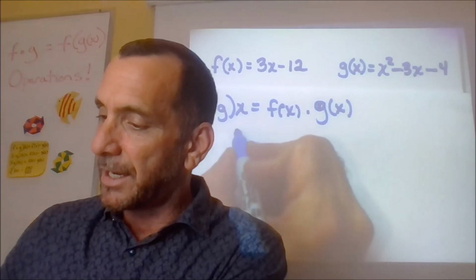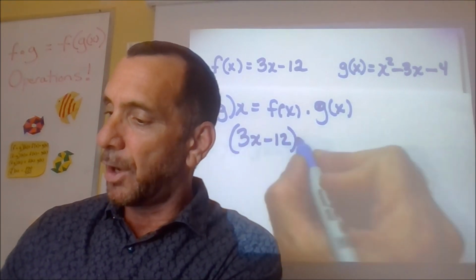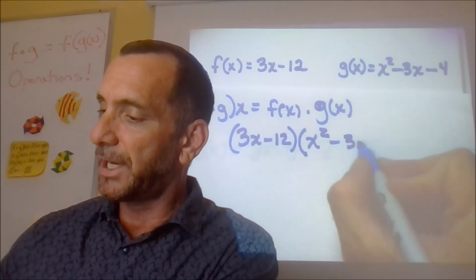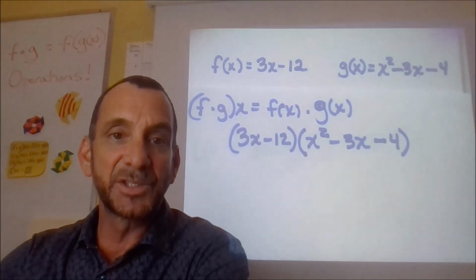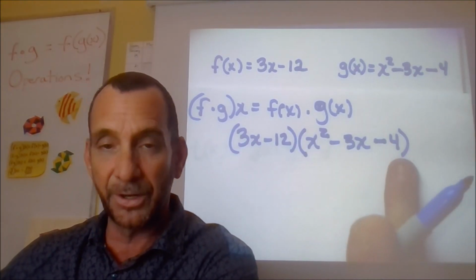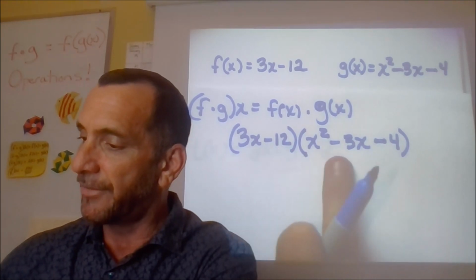So we're going to take 3x minus 12 and we're going to multiply it by x squared minus 3x minus 4. Now this is where we have to distribute. We distribute the 3x to every term, and then we distribute the negative 12 to every term.